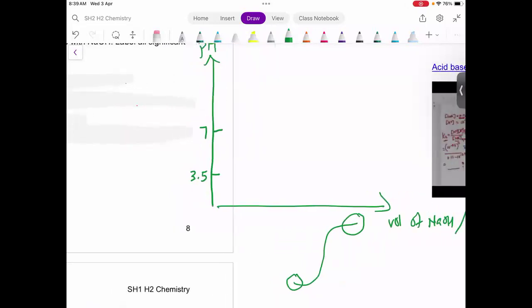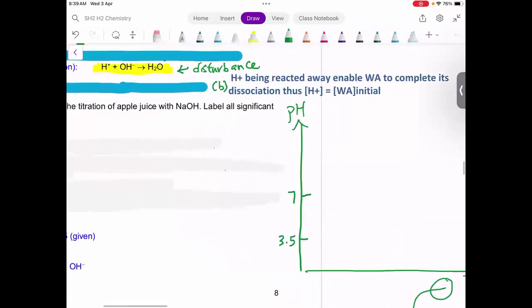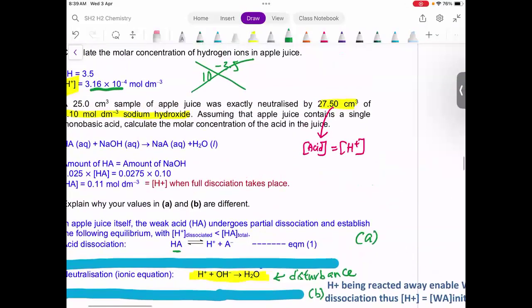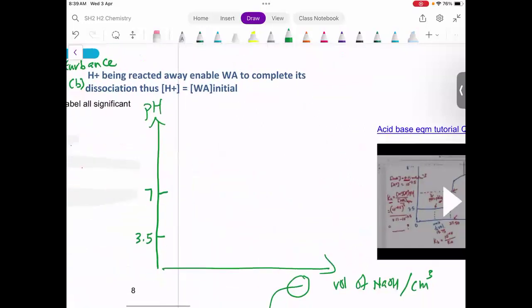Label the volume. Which volume? The neutralization volume, which is also given in the question, 27.5 here. So I can indicate this 27.5 over here.